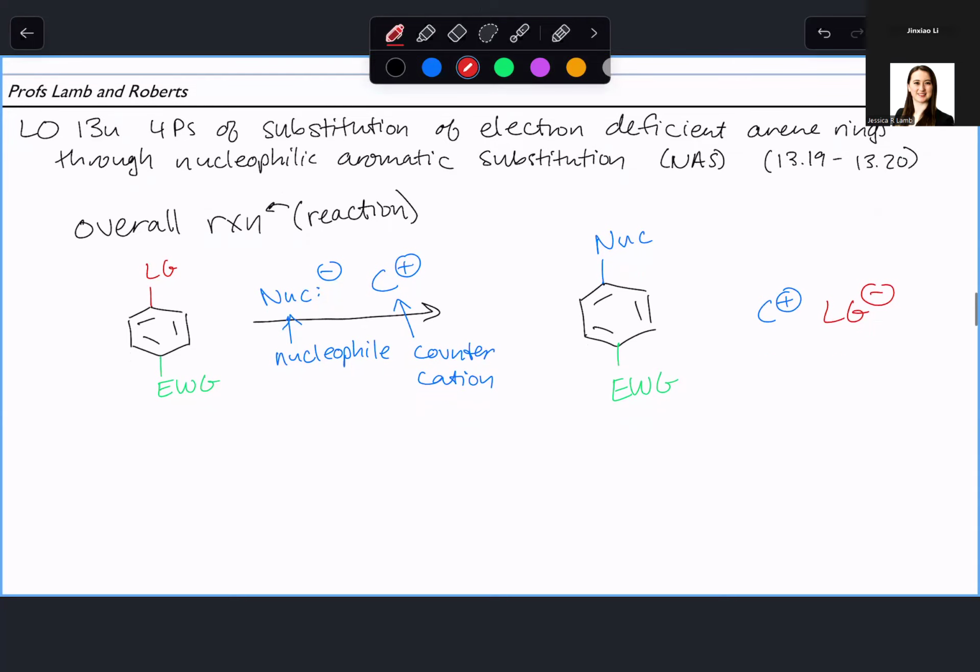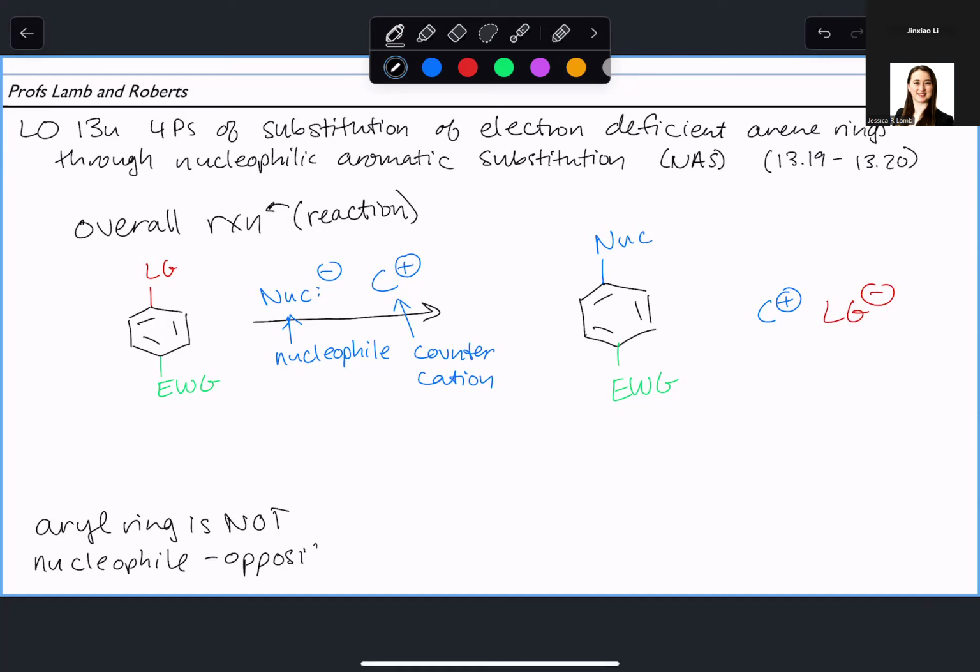A couple of things that I want to point out right at the very beginning. We are now reacting with a nucleophile. If we are reacting with a nucleophile, that means that our aromatic ring is not the nucleophile, right? So this is opposite to EAS.